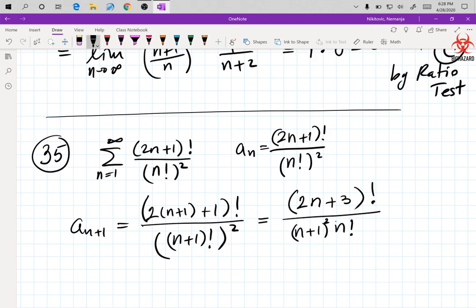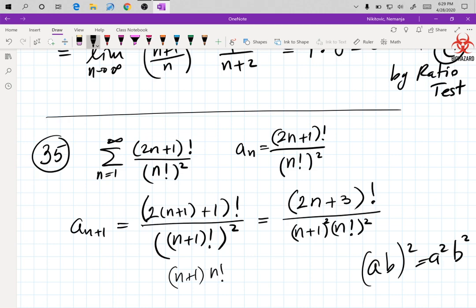And then each one of these is getting its own square, because in algebra, when we have (ab) everything squared, you get your a squared and your b squared, right? That's the power rule from algebra. So when I break this into (n plus 1) times n factorial, because everything was squared, each one gets its own squared as a power.